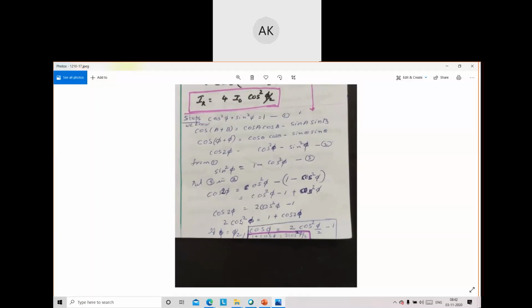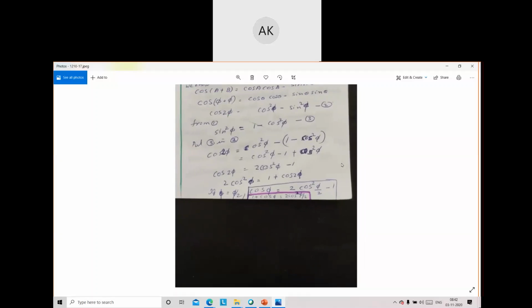Cos 2 phi equals 2 cos square phi minus 1. Therefore 2 cos square phi equals 1 plus cos 2 phi. If phi is replaced by phi by 2, then what can you write? 2 cos square phi by 2 equals 1 plus cos phi.